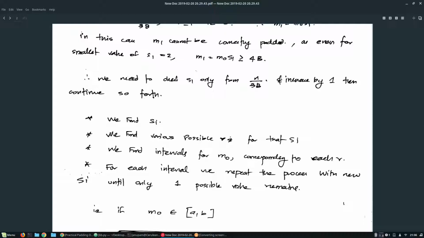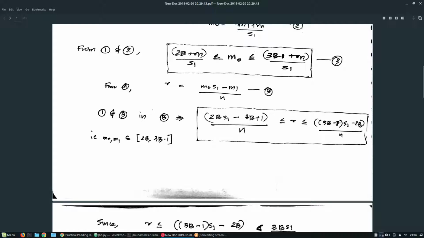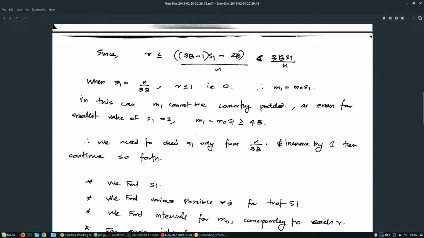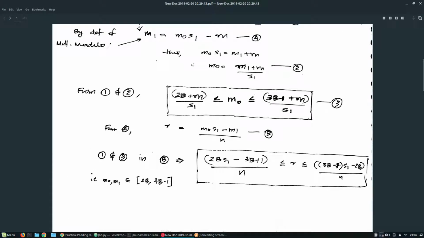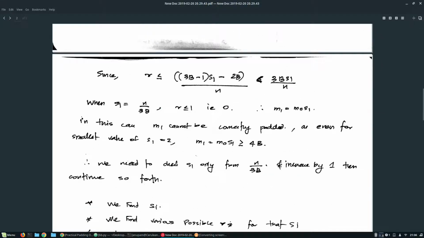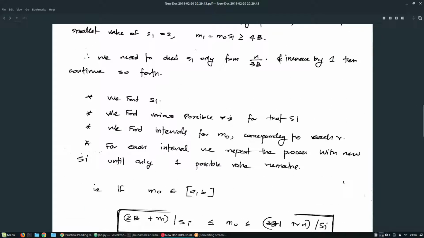Then we find various possibilities of r using the equation over here, and we find intervals of m0 using the various integer values of r using equation number 3. So we are trying to reduce the interval sizes for our m0, and we are trying to find a single value of m0 which is going to be our final answer. So that is how we crack this particular problem.